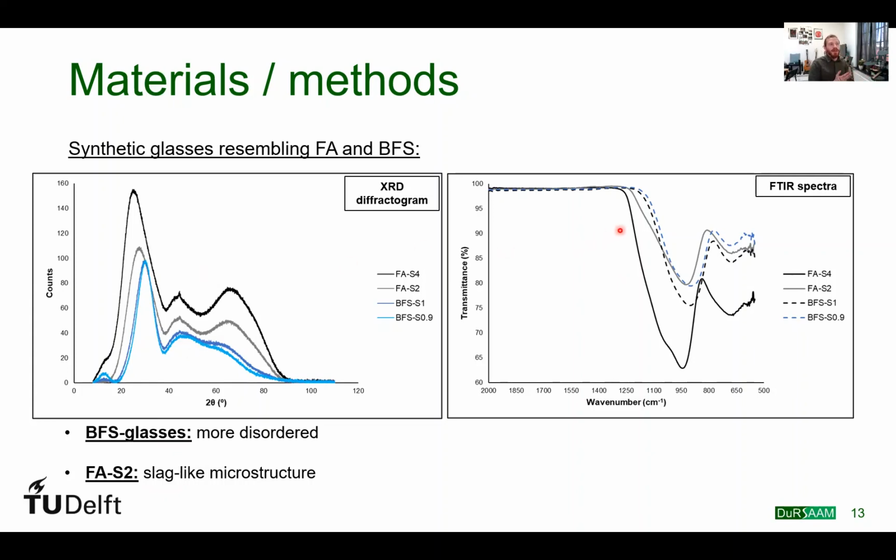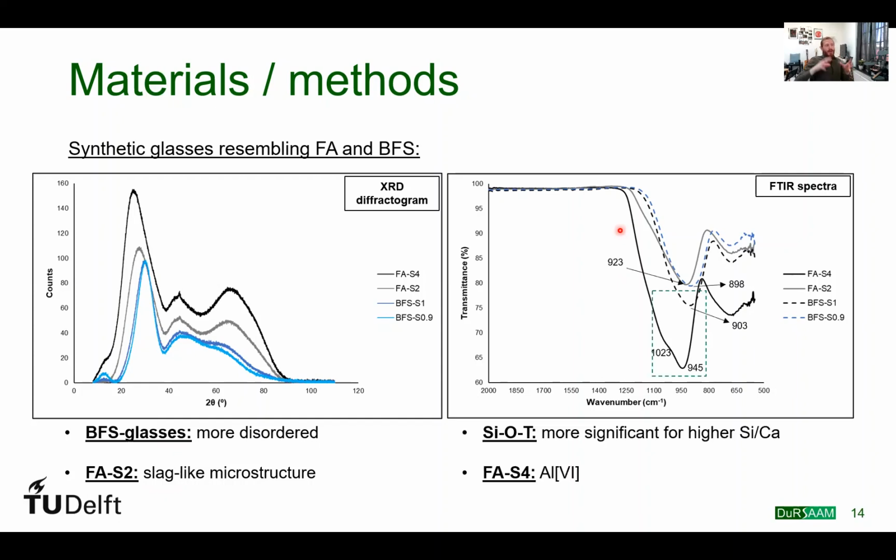Also in the FTIR spectra, we see that the main band of the tetrahedral species is shifted to higher frequencies according to increasing silicon to calcium ratios. But we also see this small shoulder at 1023 that might be an indication of the presence of octahedrally coordinated aluminum, which might tell us that there are, at very small levels, some mullite-like portions in our glass.